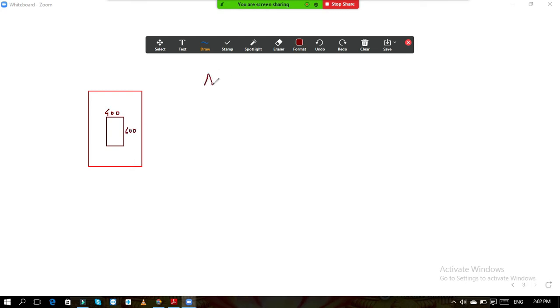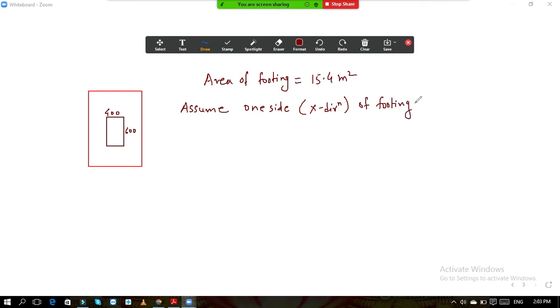Now we got the area of footing. Okay, area of footing, how much? It is 15.4 meters square. Okay. So assume one side, so which direction side? X direction side, one side that is horizontal of footing. Let us say I will assume it as 3.8 meter.